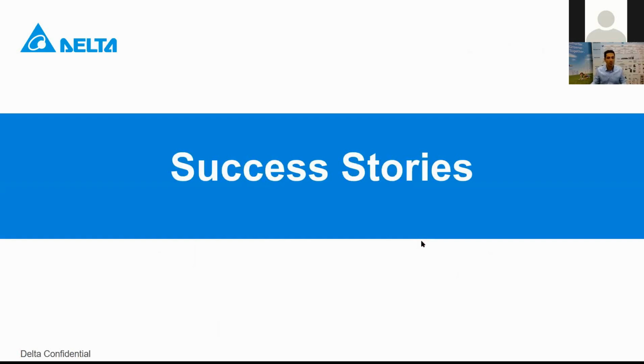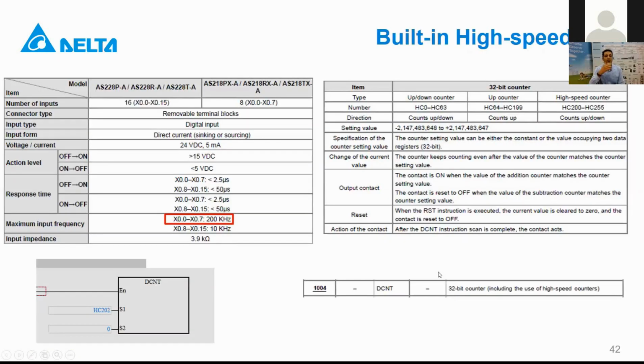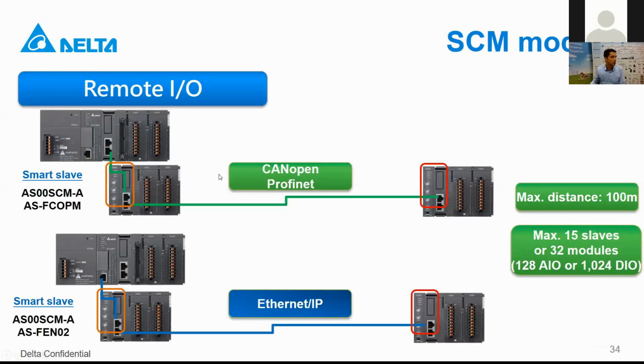Okay, so when we use the Ethernet card to extend or add more CPU, how do we assign addresses to the extended CPU? Okay, I guess you are talking about this one. So for the SCM module, if I connect an SCM module, how do I use the addresses for the I/O modules? I will show it to you, but it is going respectively.